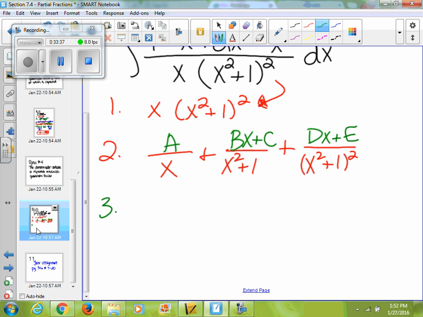So then 3, if I want to get my common numerators, I would have to multiply A by (x squared plus 1) squared. I have to multiply (Bx plus C) times x and another factor of x squared plus 1. And I have to multiply (Dx plus E) just times x.